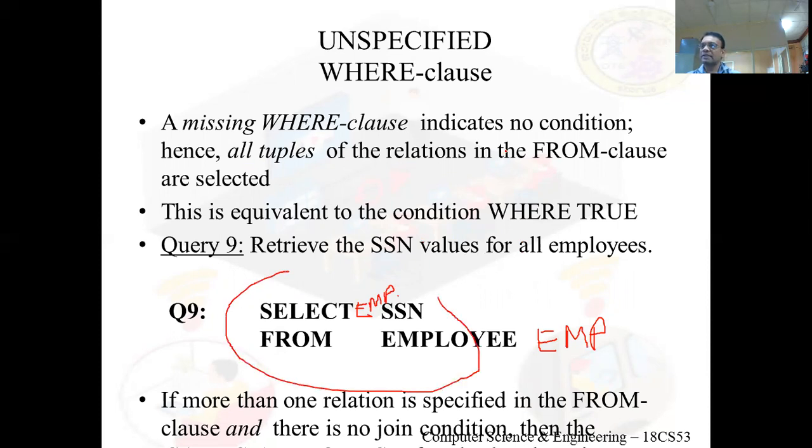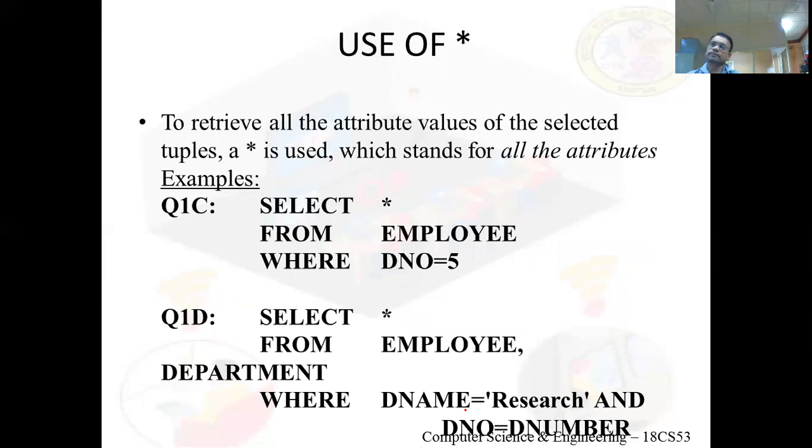A missing where clause indicates no condition. Hence, all tuples of the relation in the from clause will be selected. To retrieve the SSN values of all employees, I can execute this query. If more than one relation is specified in the from clause and there is no join condition, then it will be a Cartesian product.